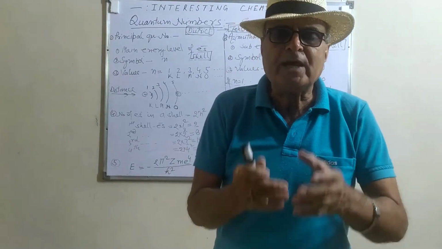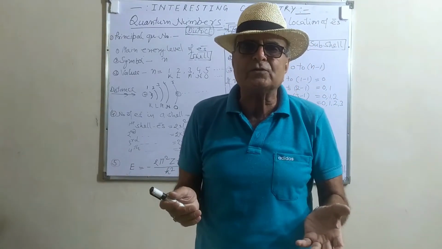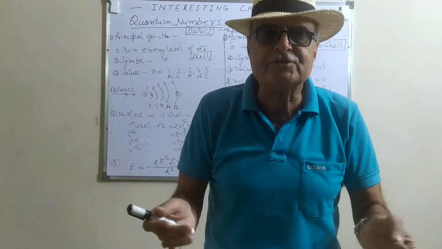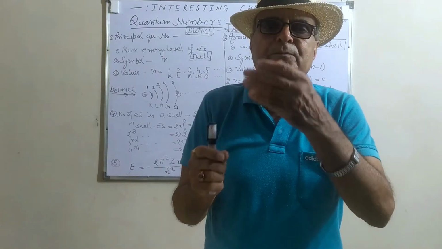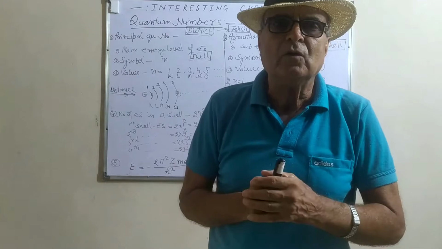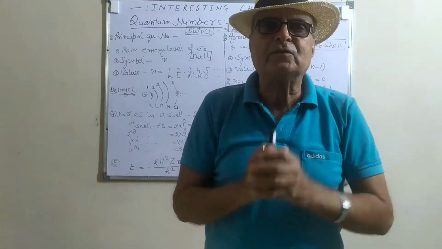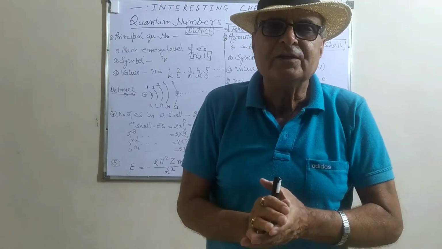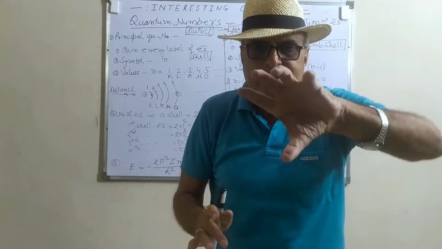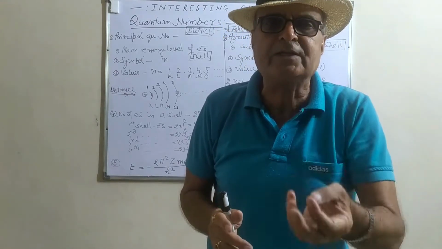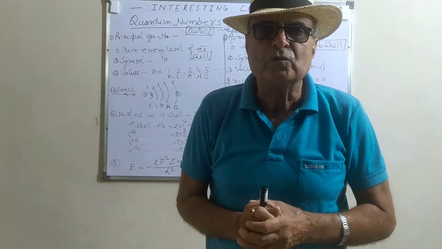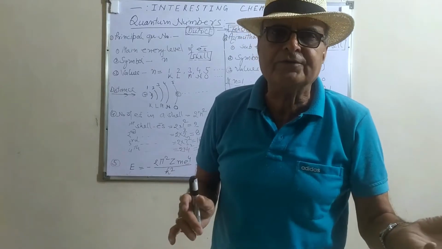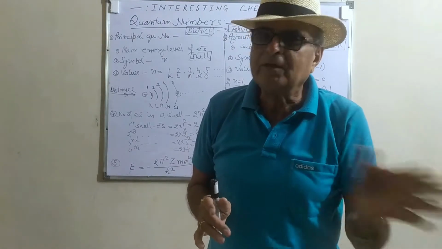So this electron has a variety of properties or characteristics, such as the energy, the location or the size of the electron, or the shape of the electron cloud. To define all these properties or characteristics of the electron, we need four numbers. Those four numbers are called quantum numbers.